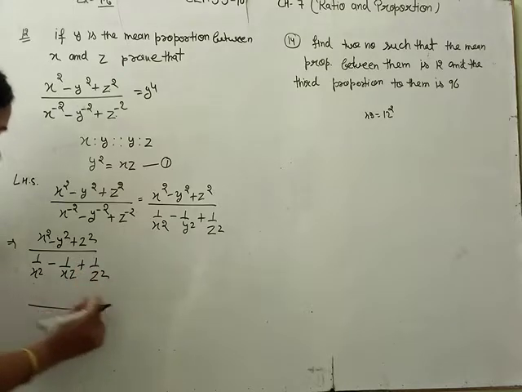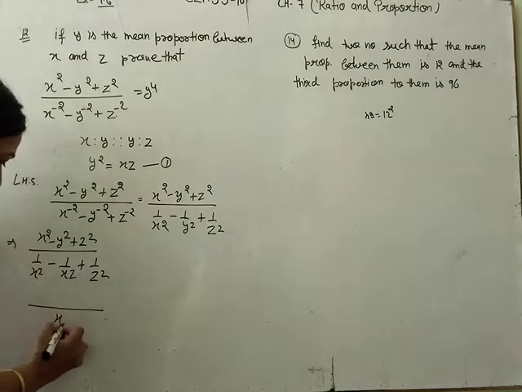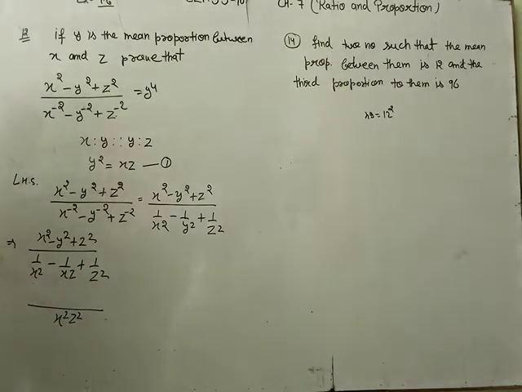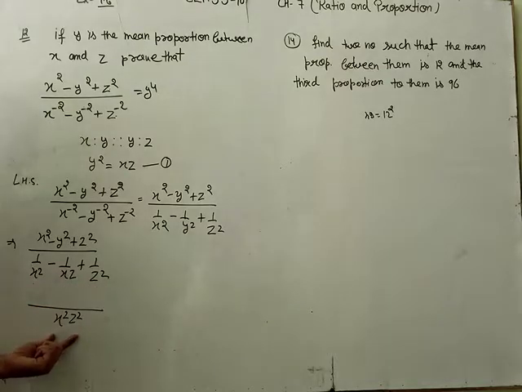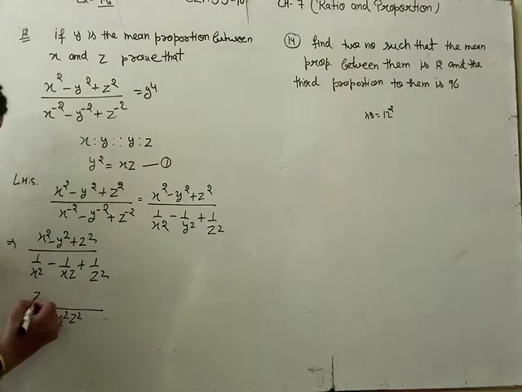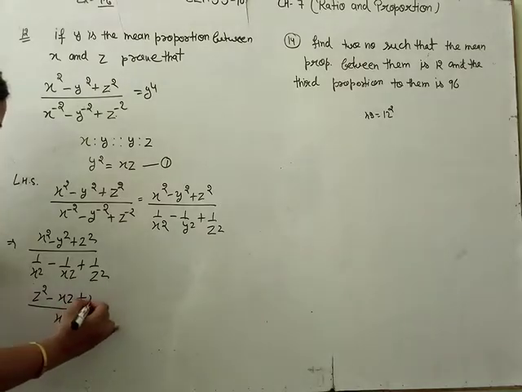We take the LCM of the denominator, x², xz, z², that is x²z². LCM of x², xz and z² is x²z². x²z² divided by x², then z², this is z² minus then 1 xz plus z² cancel, then x².